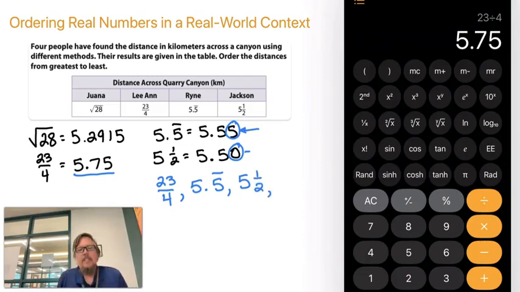And of course, process of elimination says the only one that's left is going to be our smallest, but it's also the smallest because it has the lowest number after the decimal point, 5.2, and that is going to be our square root of 28.